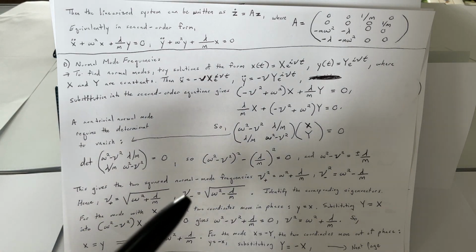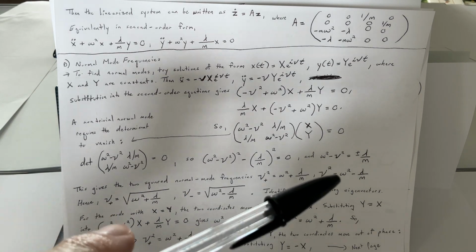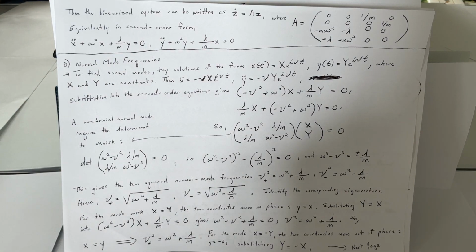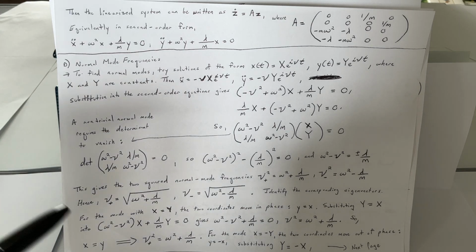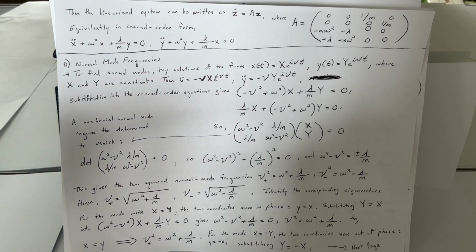This gives the two squared normal mode frequencies: nu plus squared equals omega squared plus lambda over m, and nu minus squared equals omega squared minus lambda over m. Taking the positive square roots, nu plus equals the square root of omega squared plus lambda over m, and nu minus equals the square root of omega squared minus lambda over m.